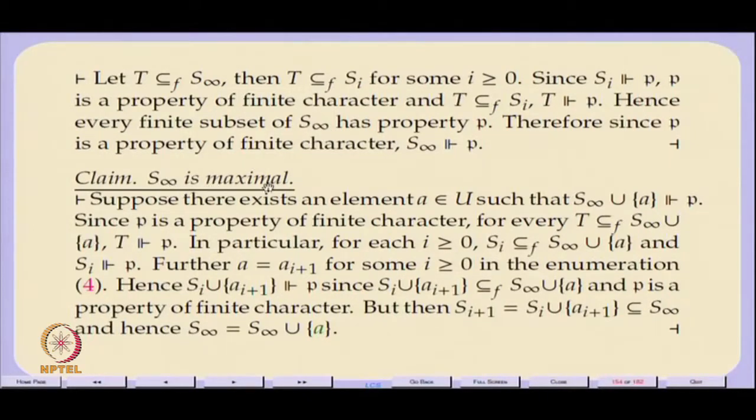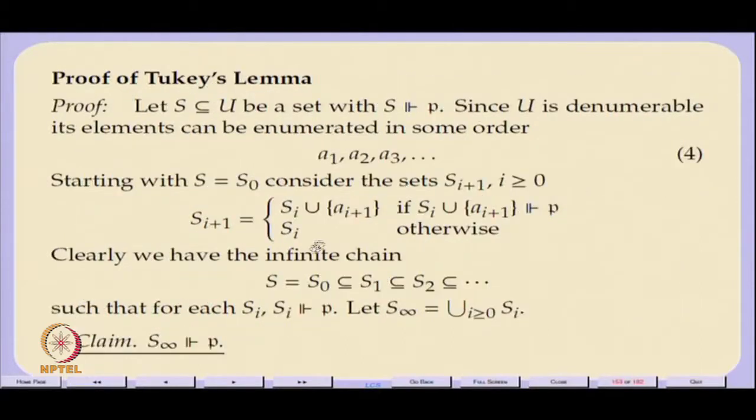And the fact that S infinity is maximal is very easy. Assume you have some element A which can be added to S infinity. So, you have S infinity union A. Now, this S infinity union A is an infinite set having the property P. P is a property of finite character, therefore every subset of S infinity union A also has the property P. Moreover, since this element A occurs somewhere in the enumeration, it must have some index i plus 1, let us say.